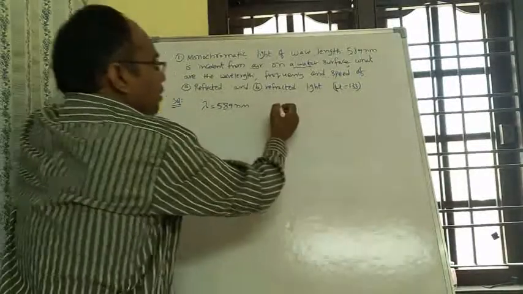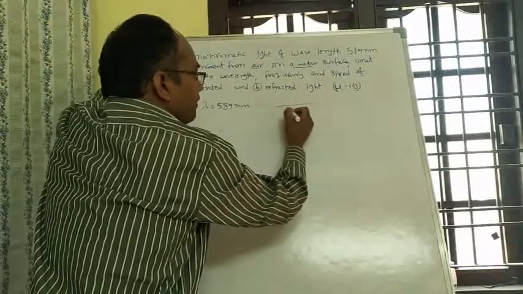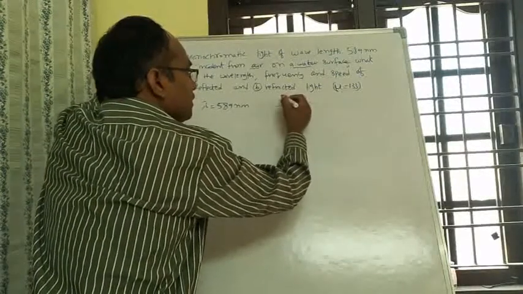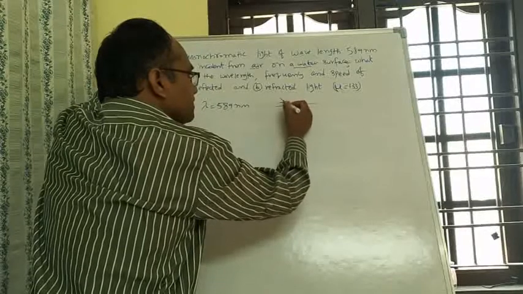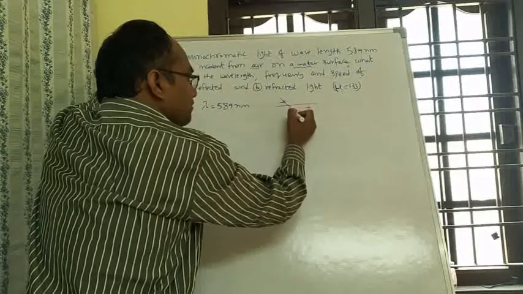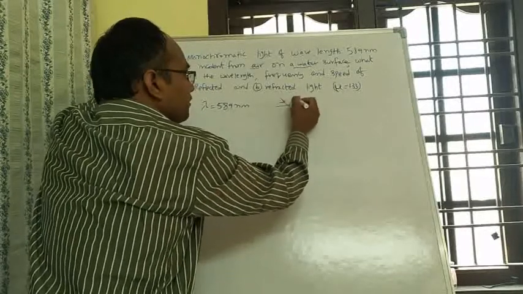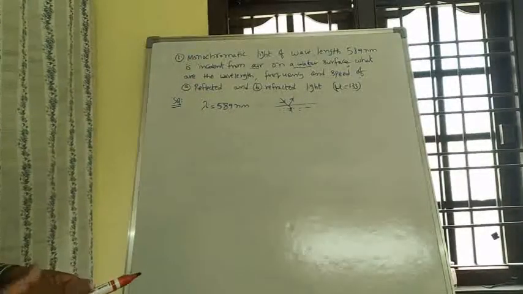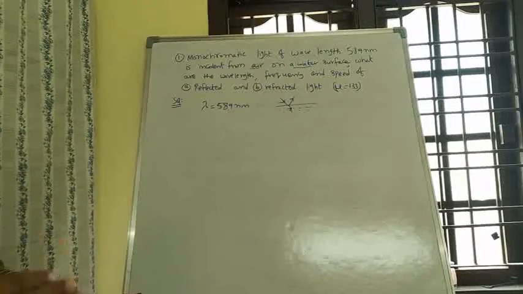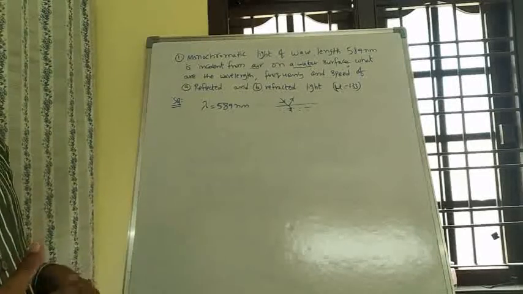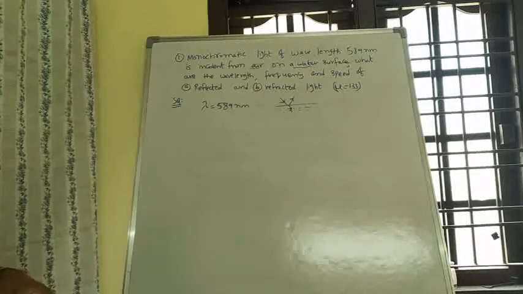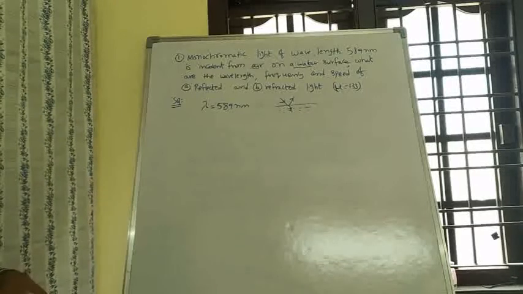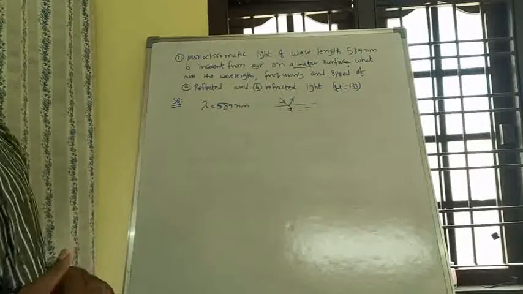On the surface, whenever water is there and a ray of light is incident, a part is refracted as well as reflected. So whatever light falls as the incident ray, the same light is reflected back. Now here we have to calculate for the reflected light.